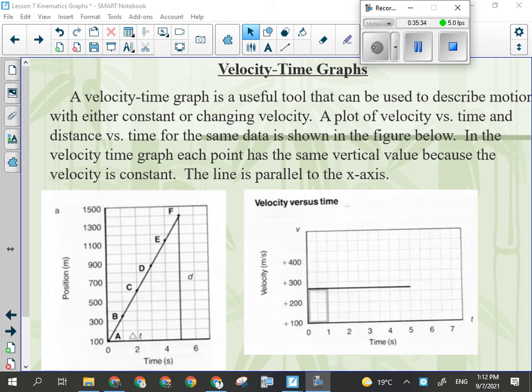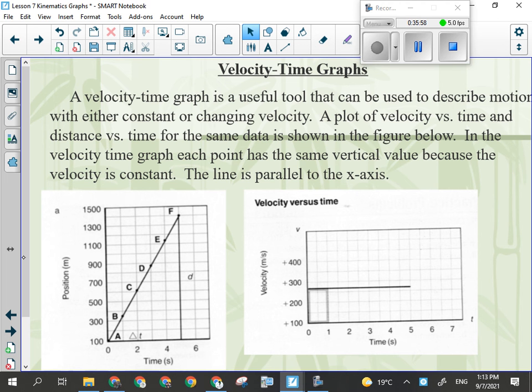So it can be misleading. You always have to look at the title of the graph or the axes of the graph so you know which one you're looking at. Otherwise, it's easy to make a mistake and say, oh, that object stopped, when in fact that object is not stopped. It is moving at 260 meters per second, which is definitely not stopped. That's really, really fast.